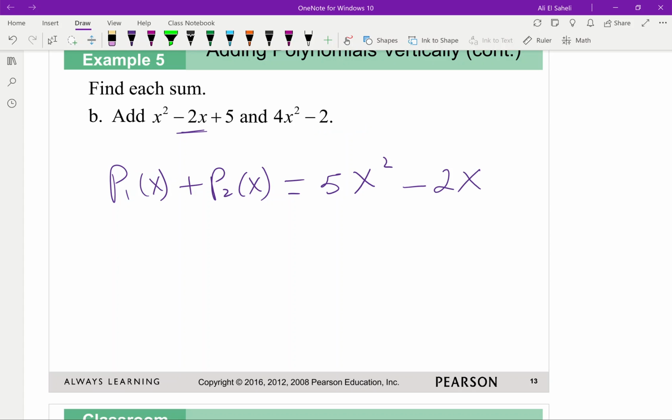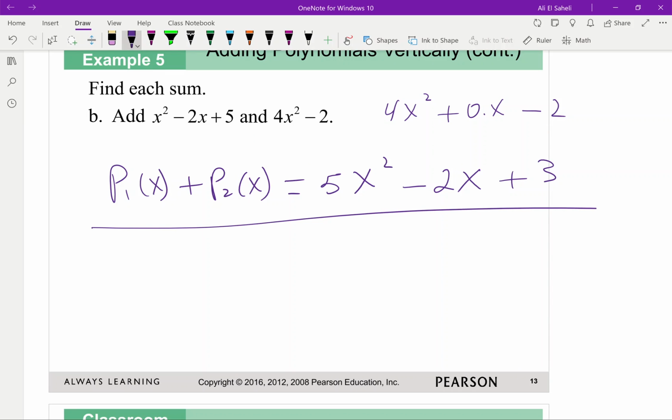Or you can think of this second polynomial as 4x squared plus 0 times x minus 2. So in that case, we add the x with the x. Minus 2x plus 0x is minus 2x. And then we have the 5 with the minus 2. 5 plus minus 2 is 3.